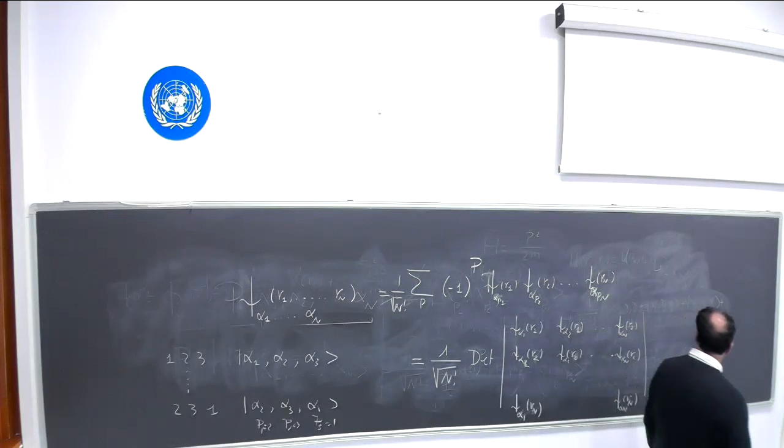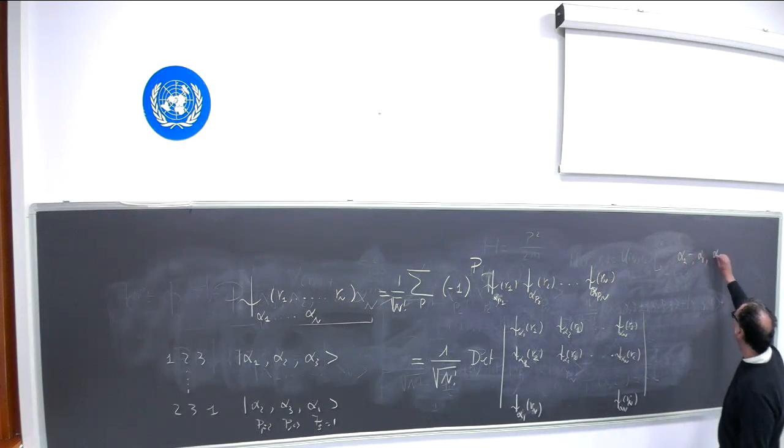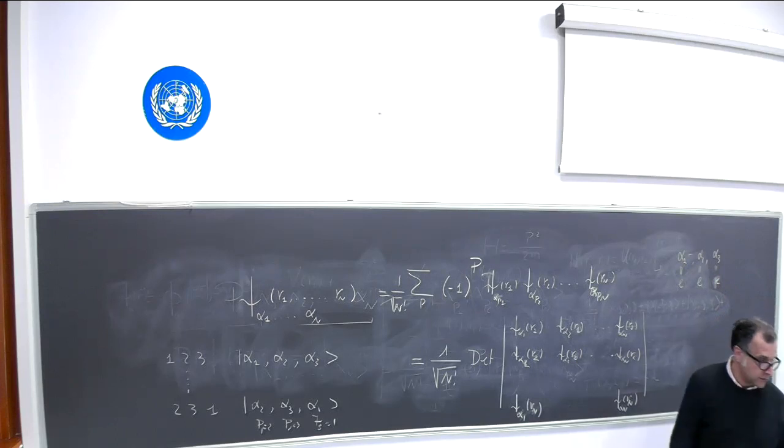Instead of having alpha 1, alpha 2, and alpha 3, you define alpha 1 equal to L, alpha 2 equal to L, and kappa, and you do it for bosons, okay?